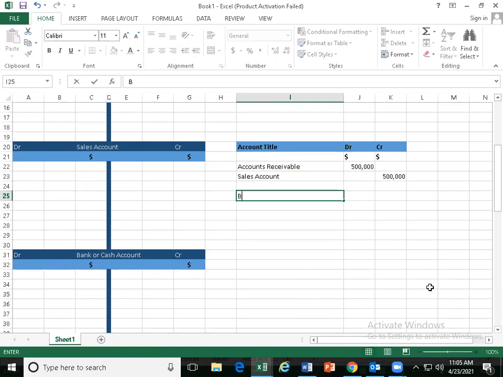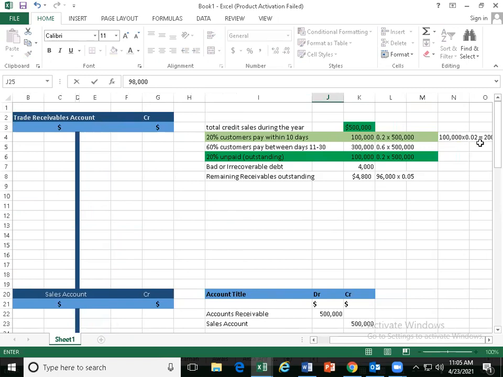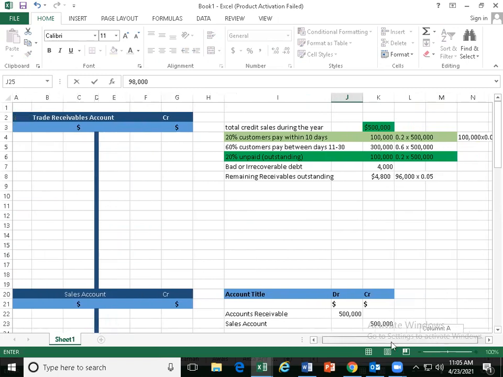Then some customers pay us within the first 10 days. So we debit bank account. And how much do they pay? 98,000. Remember, I calculated that they were supposed to pay 100,000, but because they are getting a 2% discount, they will not pay 100%, they will only pay 98%.